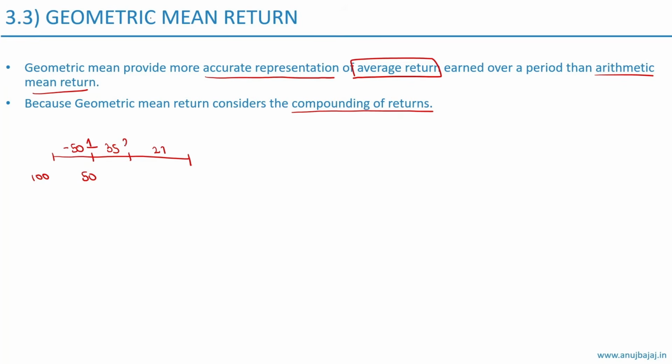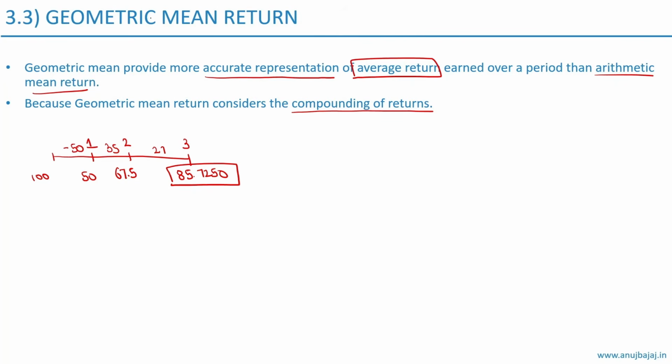Value at the end of second year will be 50 plus 35%, which will be 67.5. And value at the end of year 3 will be 67.5 plus 27%, which will be 85.7250. So this is how much we have earned at the end of year 3.